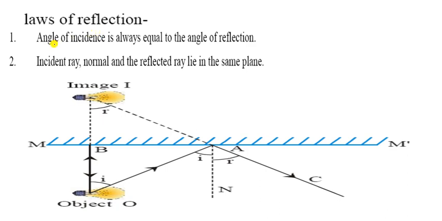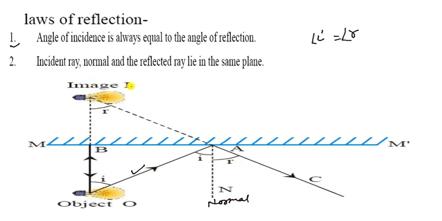Now come to the laws of reflection. What is the law of reflection? The first law: the angle of incidence is always equal to the angle of reflection. That means angle I is always equal to angle R. So it is given here, I and R. Now the incident ray, which one? This one is the incident ray. This is your normal, you can write it here.